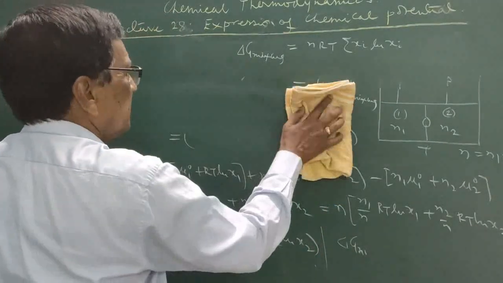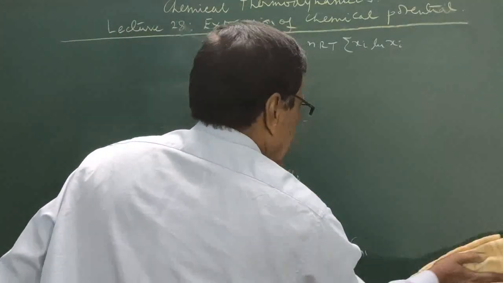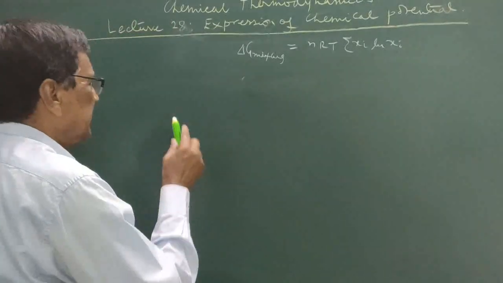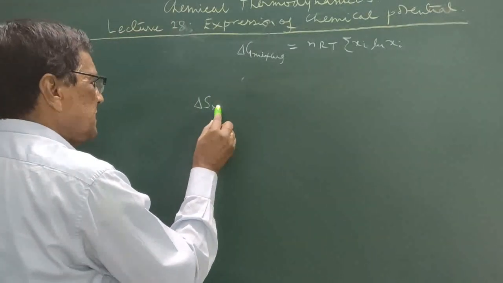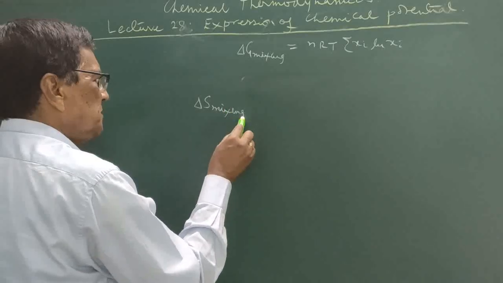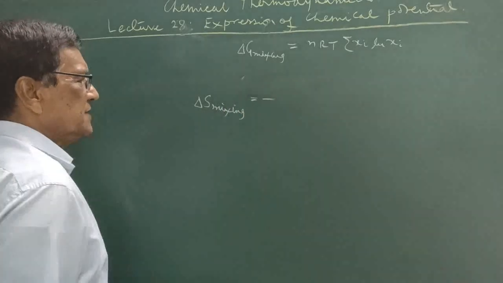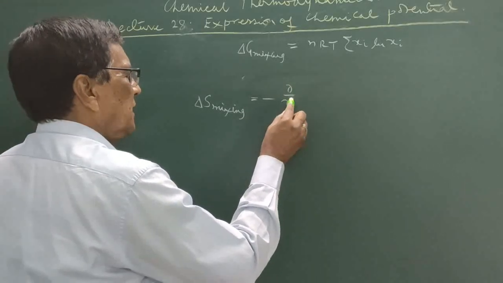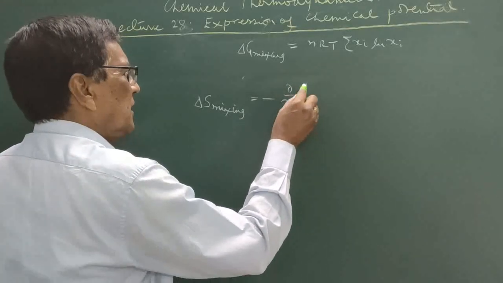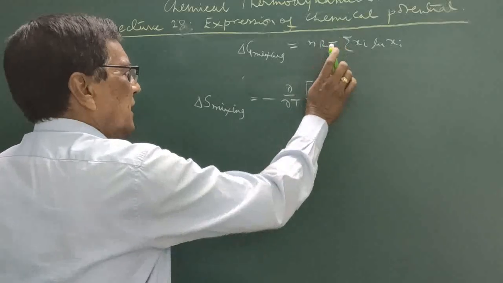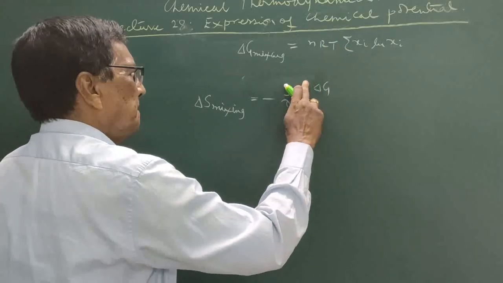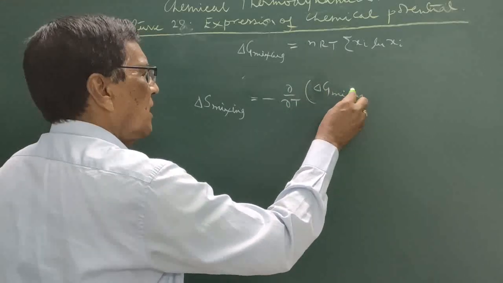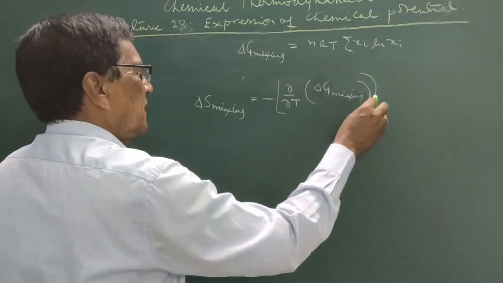If we calculate the entropy, delta S mixing, we can write it as minus del by del T of delta G mixing at constant pressure.